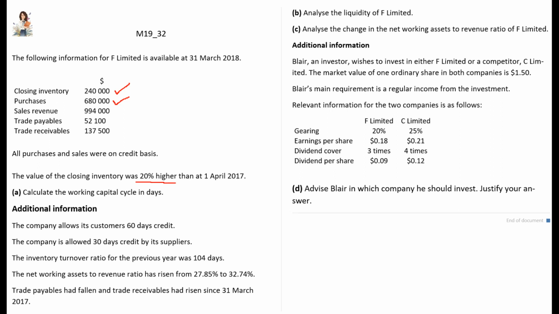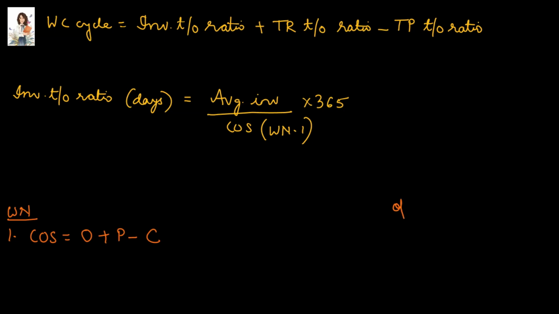Do note that the closing inventory figure is $240,000. If opening inventory is 100, closing inventory will be 120 because closing inventory is 20% higher than the opening inventory. Therefore, if closing inventory is 240,000, how much is the opening inventory? We will cross multiply. We can find out that the opening inventory is $200,000.